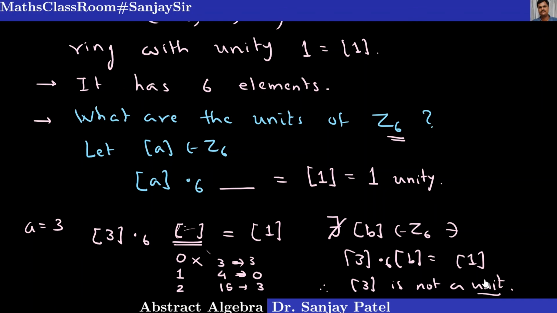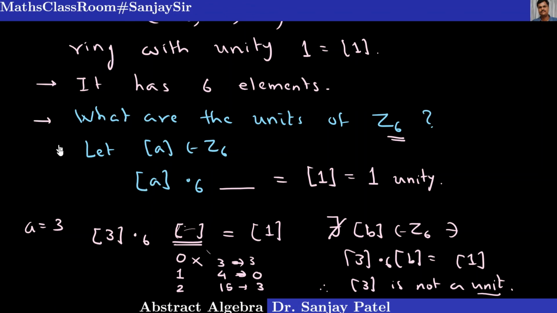So given any element in any ring, you have to check with what you should multiply this element to get the identity or unity of the ring. I have taken an example to explain how to think about different elements over here.